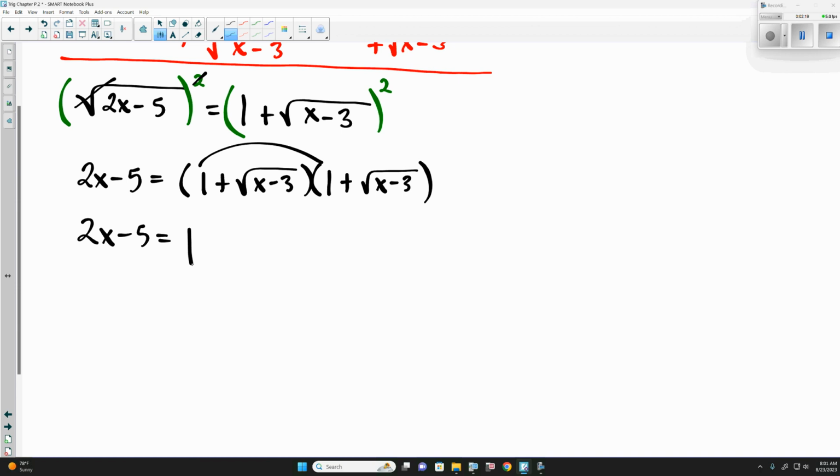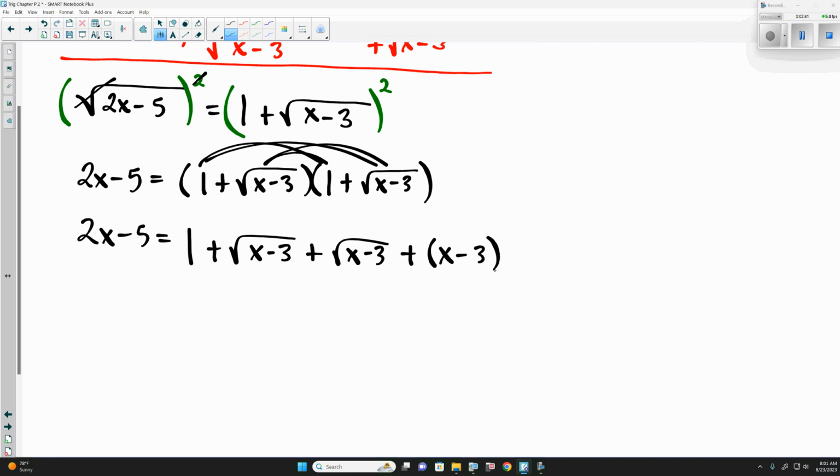Here 1 times 1 is, well, 1. 1 times the square root of x minus 3 is just going to be plus the square root of x minus 3. Do the same thing. Square root of x minus 3 times 1 is just the square root of x minus 3. And lastly, the square root of x minus 3 times the square root of x minus 3 ends up being just x minus 3, because it would just be the square root of x minus 3 squared, and the square root and square would cancel.